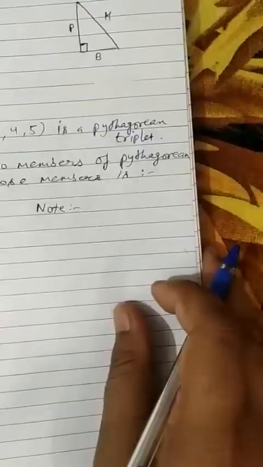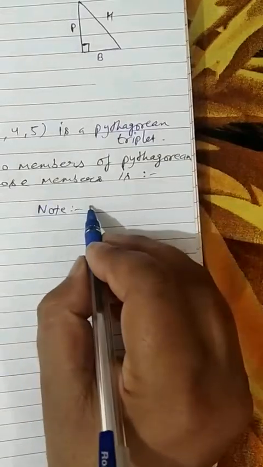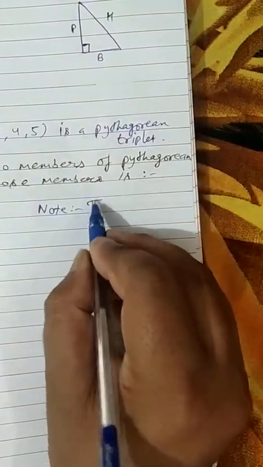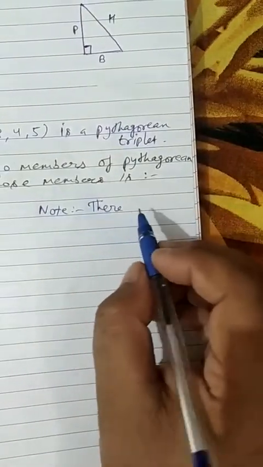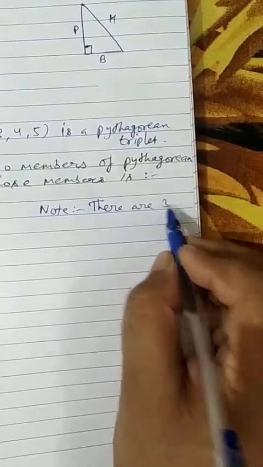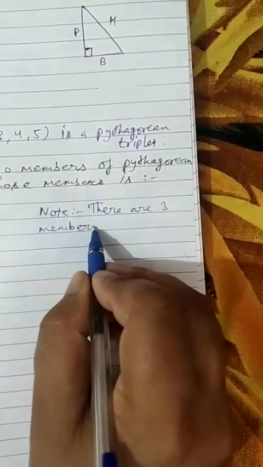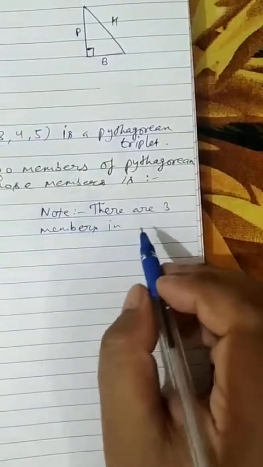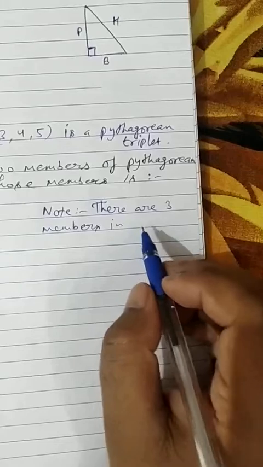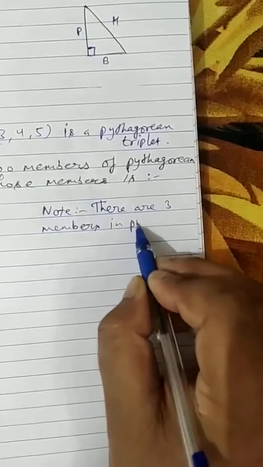Note here, there are 3 members in a Pythagorean triplet.